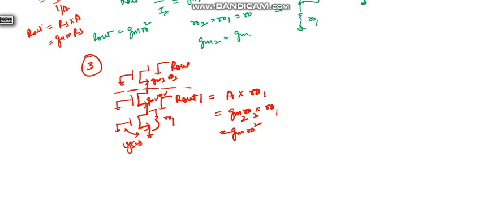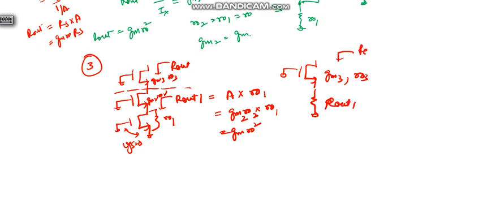Now what will be Rout? For Rout, if we draw the circuit again, this is gm3 RO3, and this resistance is Rout1.